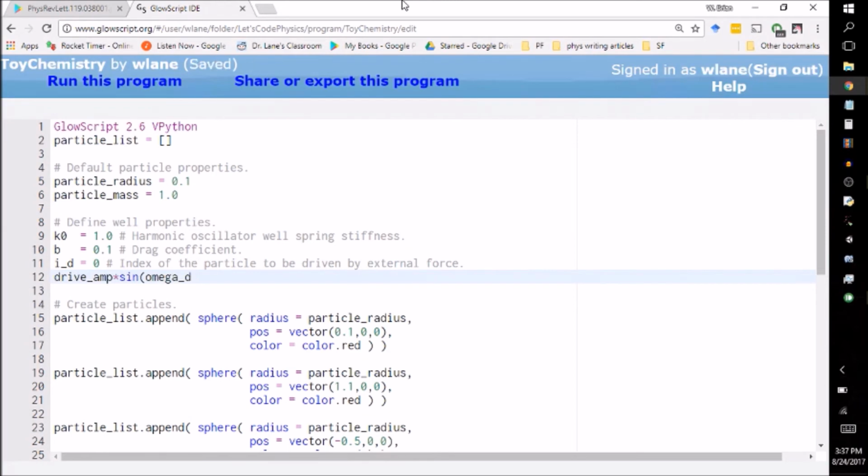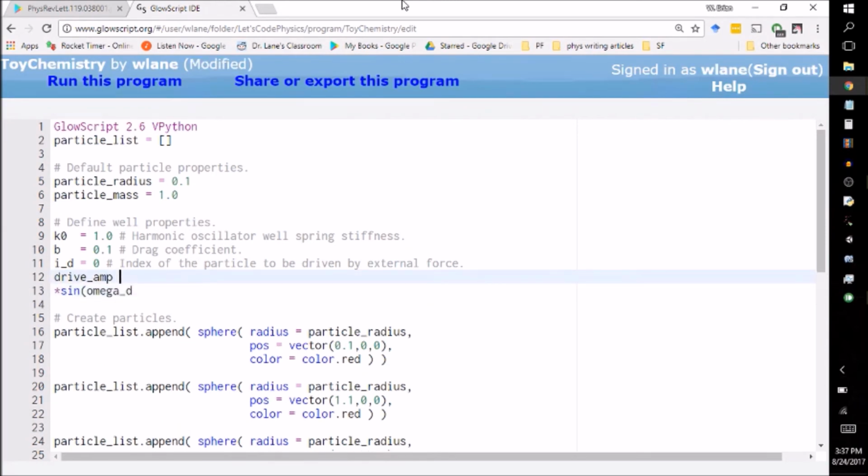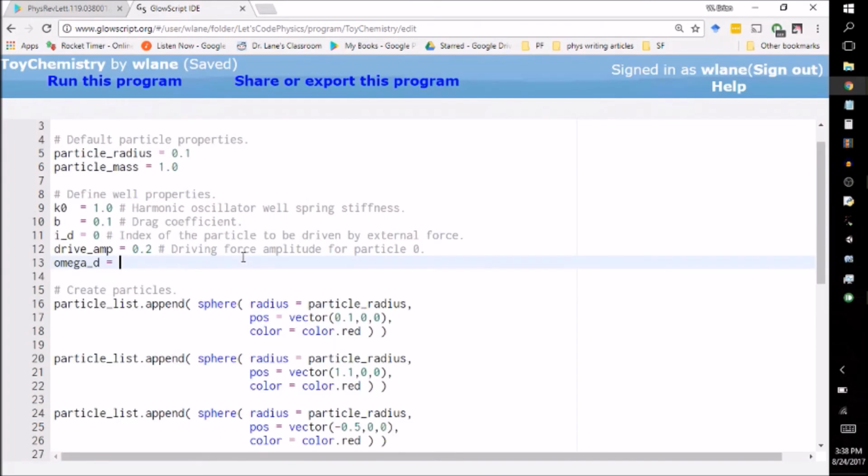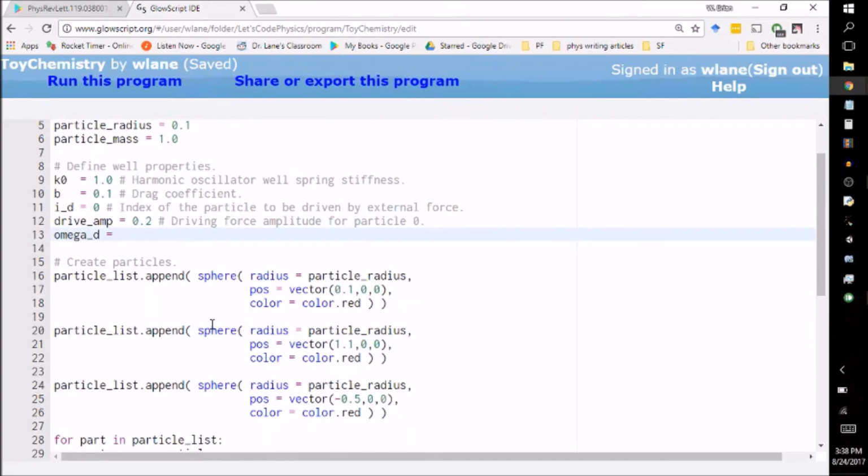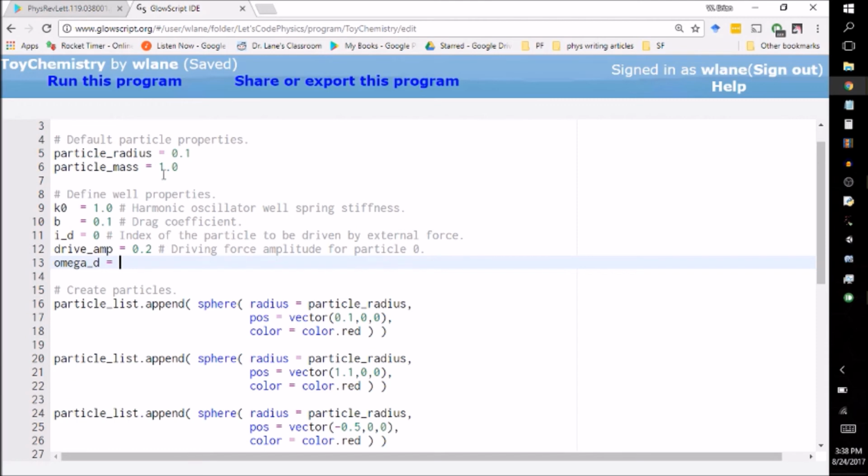So I need something called drive amplitude. Let's make that smallish. So this is the driving force amplitude for particle 0, and this is, let's see, these things are going to naturally have an omega of root k over m, so that's going to be root 1 divided by 1, which gives you an omega of 1.